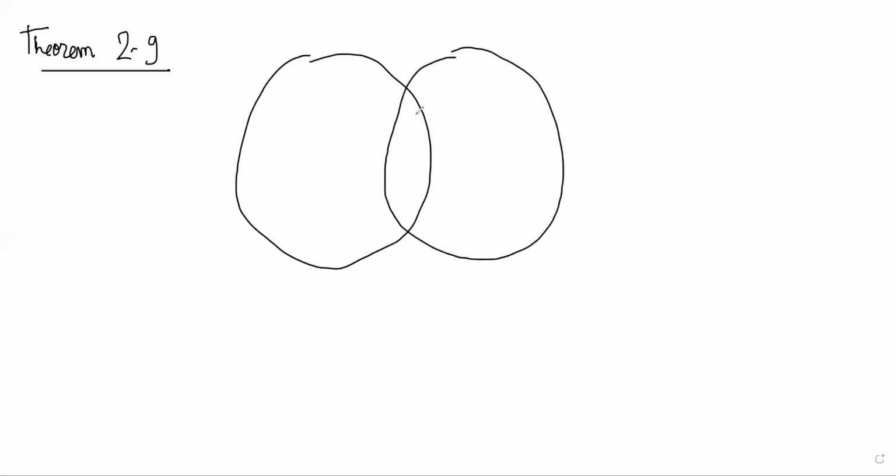So basically, the point of this theorem is that if there are two intersecting circles, then obviously there is a radical axis, which is the common chord. And if two chords intersect, this is one chord and this is another chord, and the point of intersection of the chords lies on the radical axis, then these four points are cyclic.